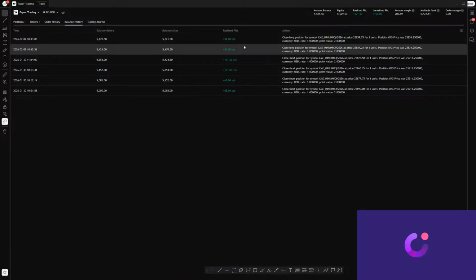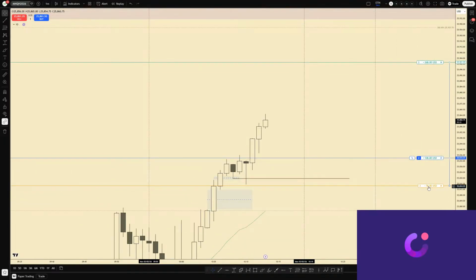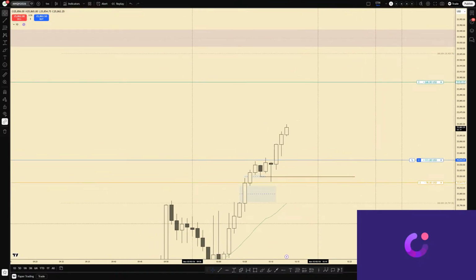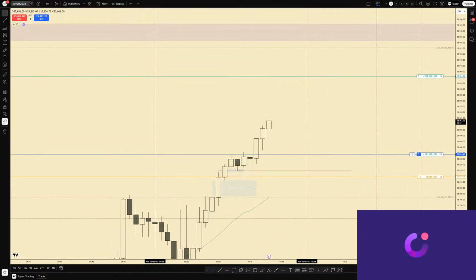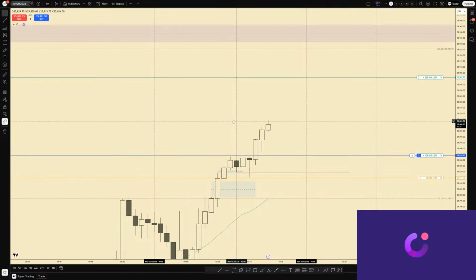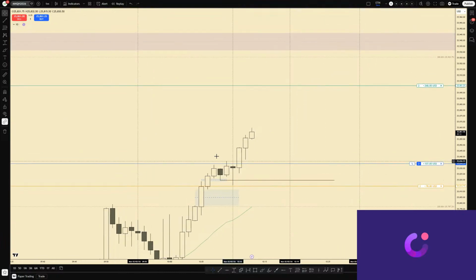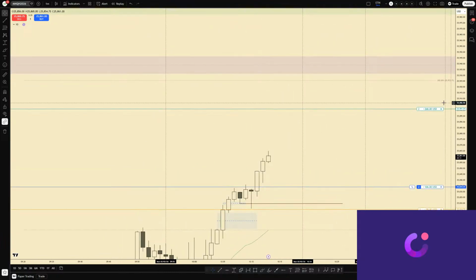Let me check the balance. We took about $100 profits, and our current risk is less than $100. So this setup basically became a risk-free setup. We can carry it just like that.